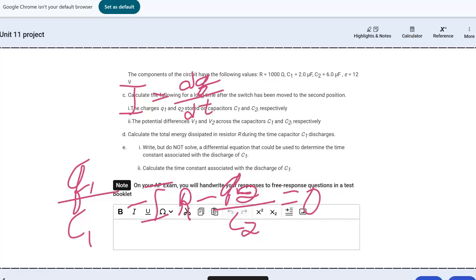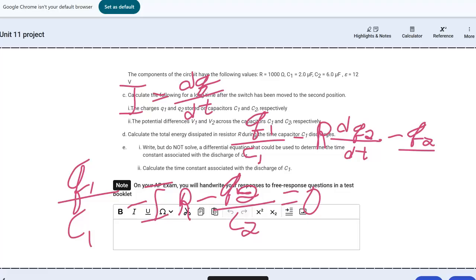So our differential equation would be Q1 over C1 minus R dq2 over dt minus Q2 over C2, excuse me. And then that will be our differential equation. And then we don't have to solve, but we would match them all together and then we'd get a differential equation.